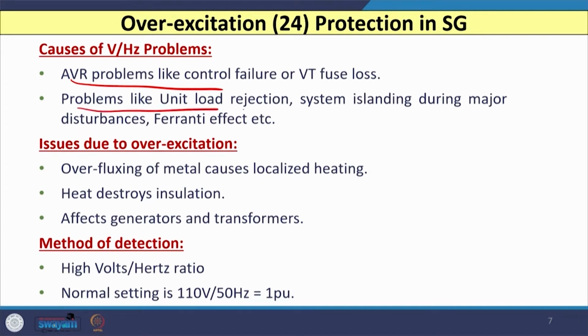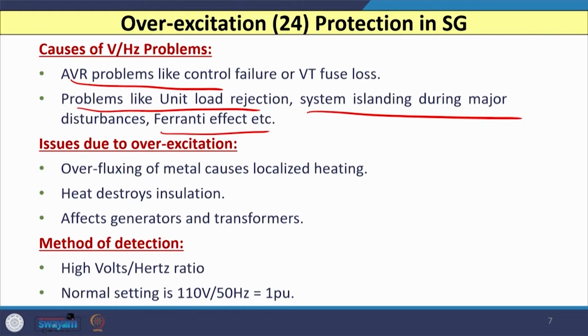We also observe problems like load rejection, system islanding during major disturbances, and the Ferranti effect. In most cases we may have the situation known as over excitation condition, and there are certain issues because of it.